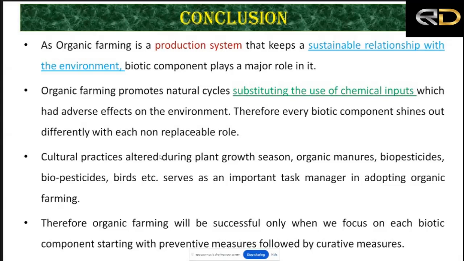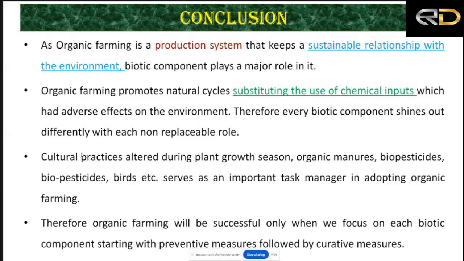The importance of biofertilizers, biopesticides, biocontrol agents, even bird perches, then organic manures and cultural practices, are all playing an important role in making organic farming successful.